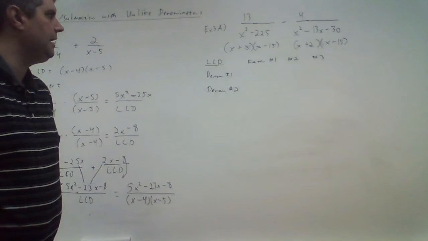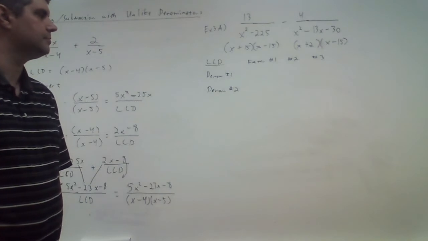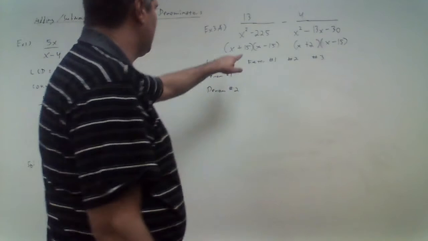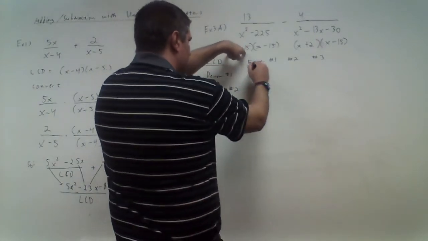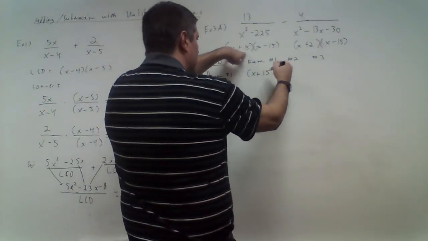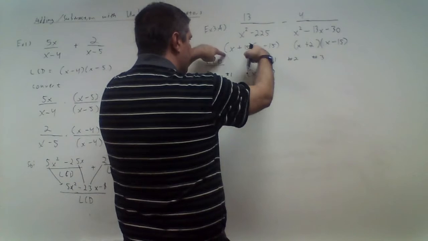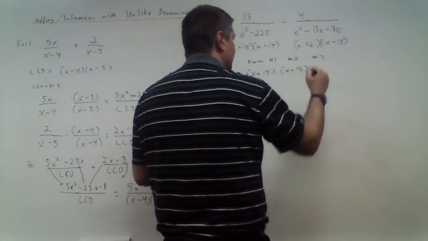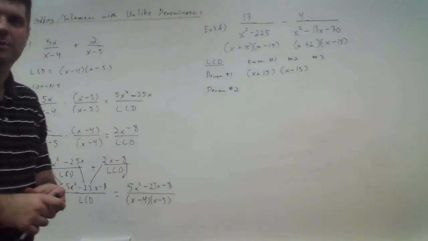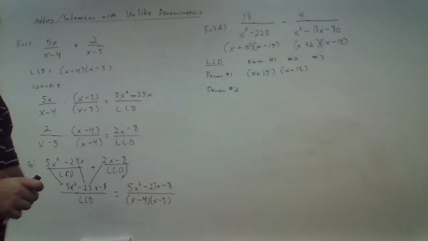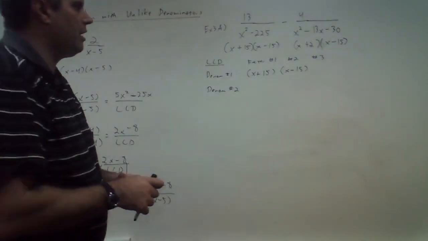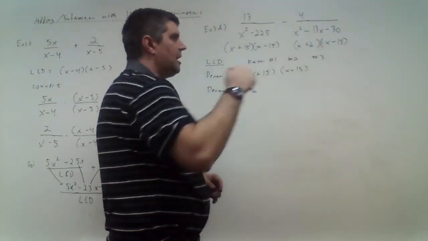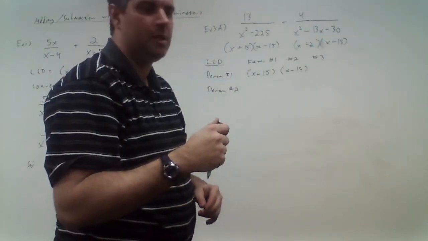Okay? So, factor number 1 is going to include the x plus 15, and then denominator 1 had this factor, and it had this factor, which I'm going to put under number 2, factor number 2. Okay? All right, for the second denominator, we're going to match these up with counterparts as applicable.